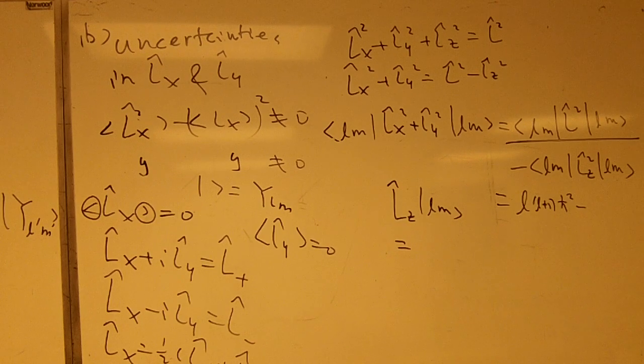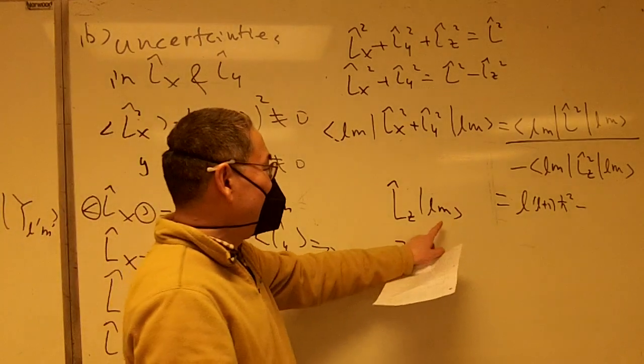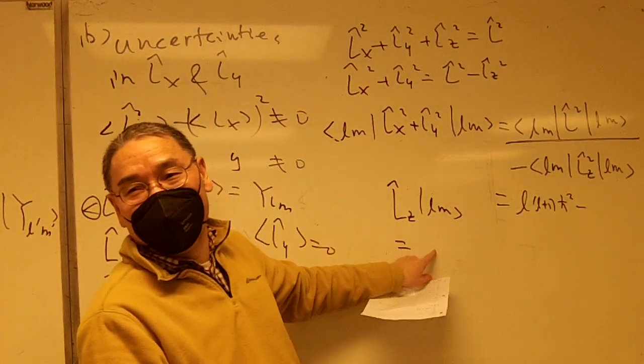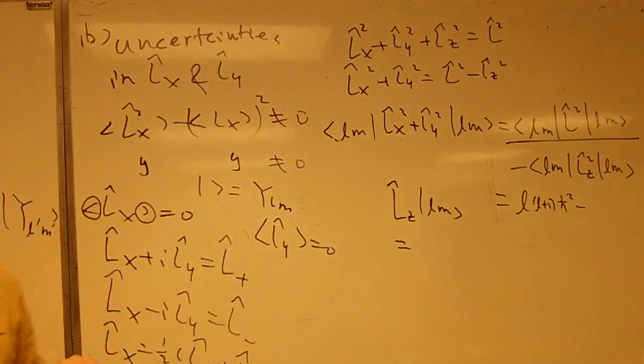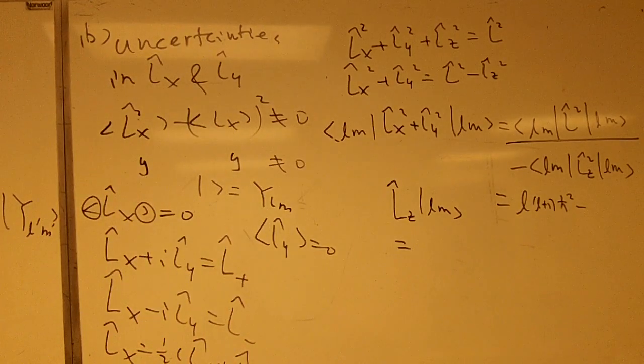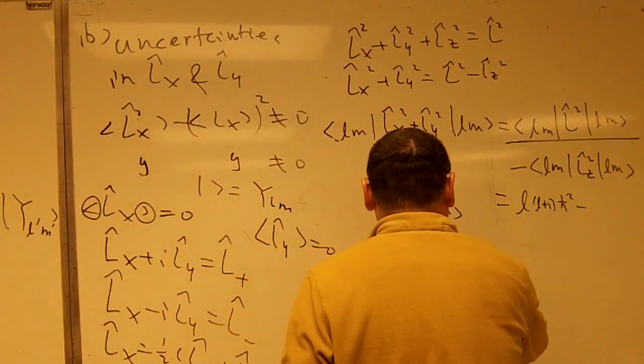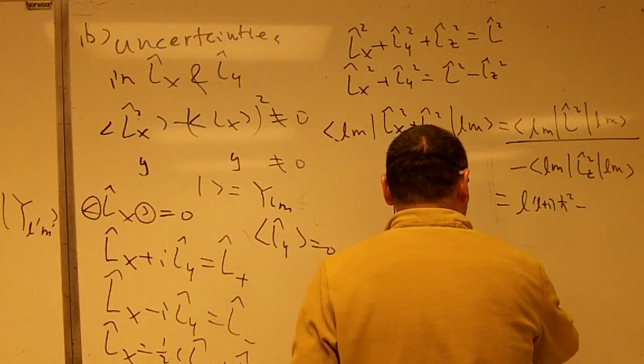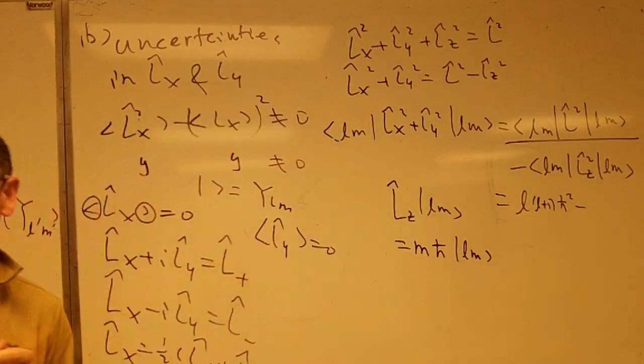Is it just l hbar? I'm only interested in Lz applied on Ln equals what? Okay, I think Aisha must know it. Do you know it? The m hbar, exactly here. Hbar. Infamous hbar.